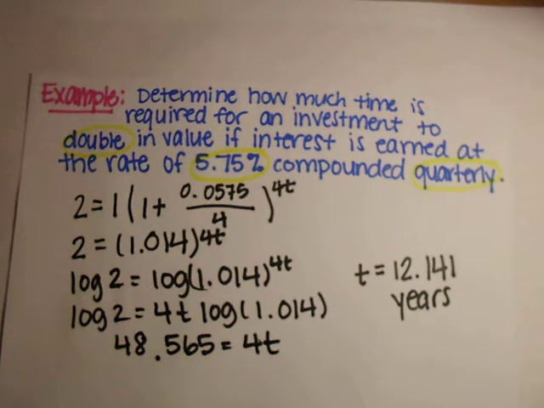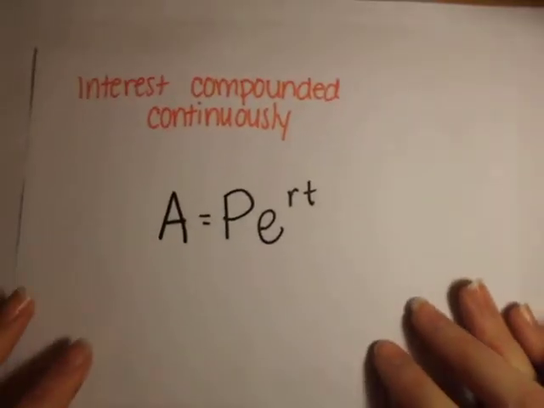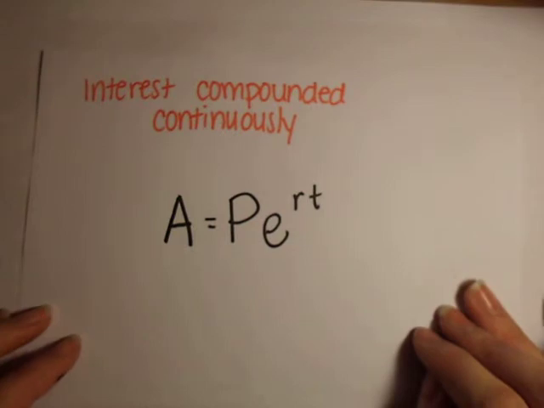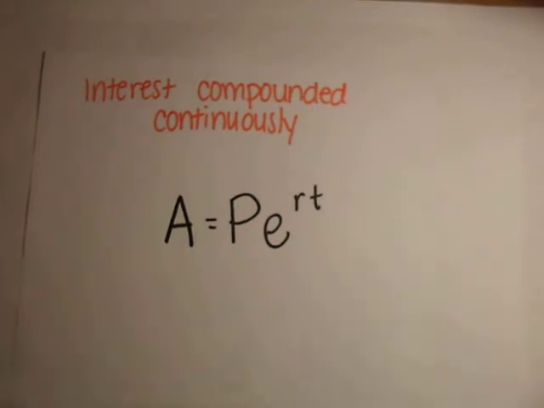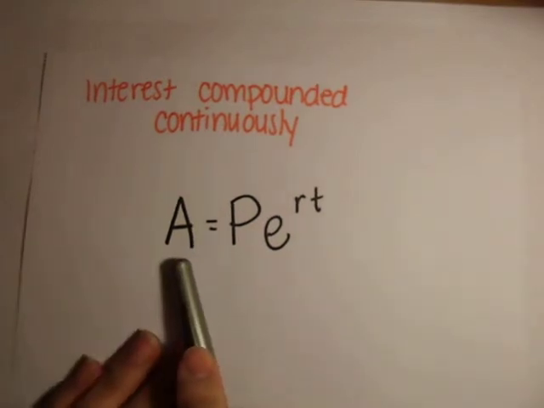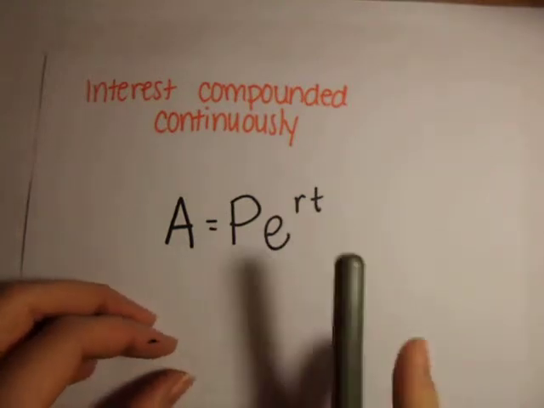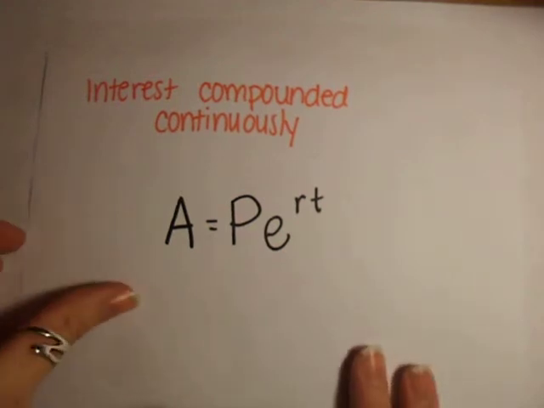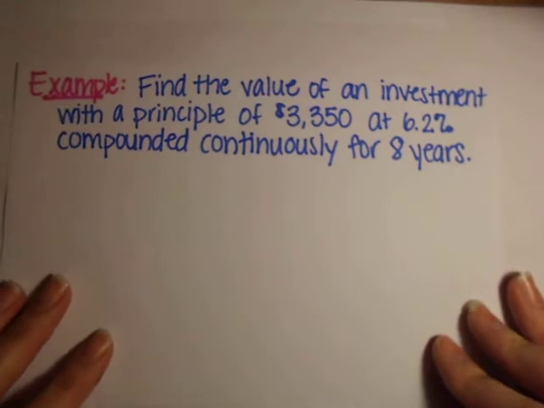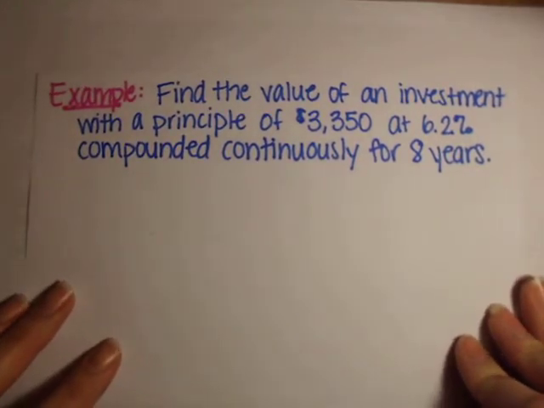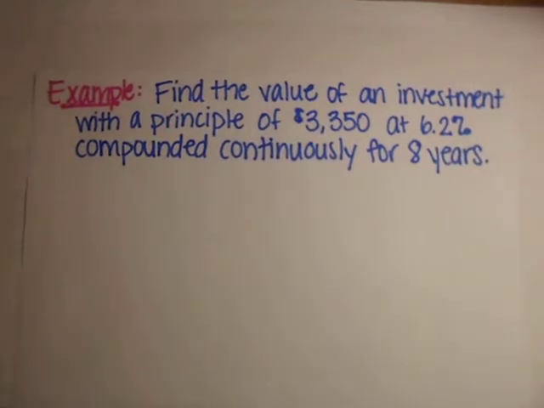So now let's look at another formula. Here we have interest that is compounded continuously. So we still have our final amount, our principal, our rate, and our time. So let's look at an example where interest is compounded continuously. Find the value of an investment with a principal of $3,350 at 6.2% compounded continuously for 8 years.